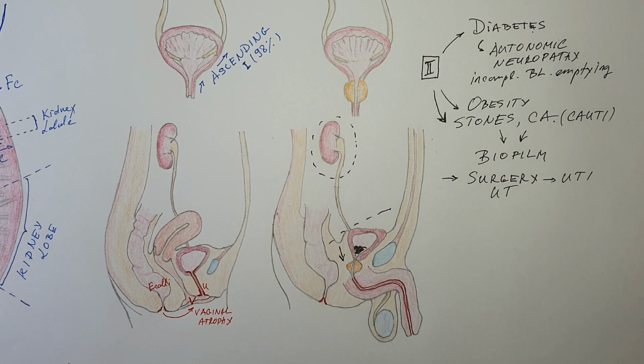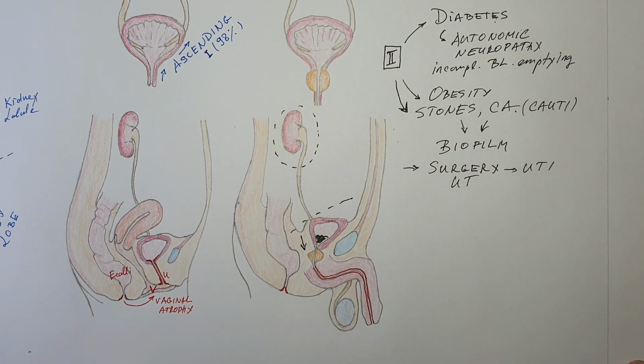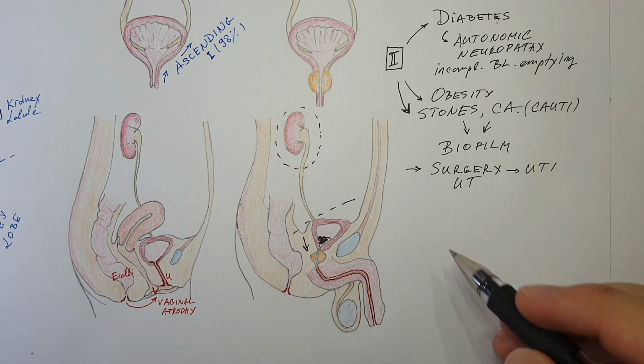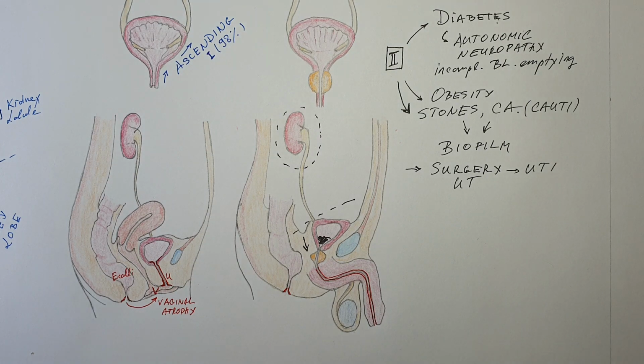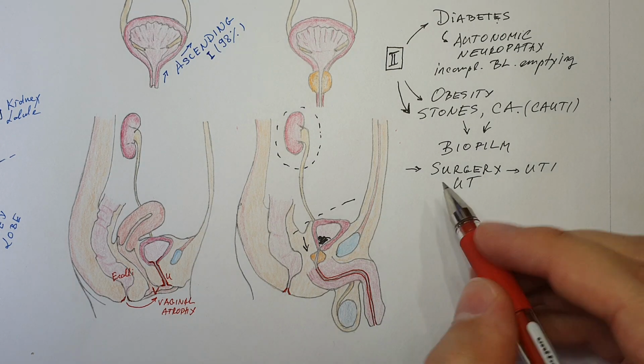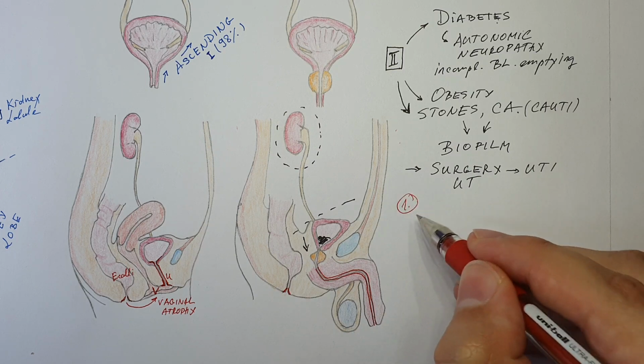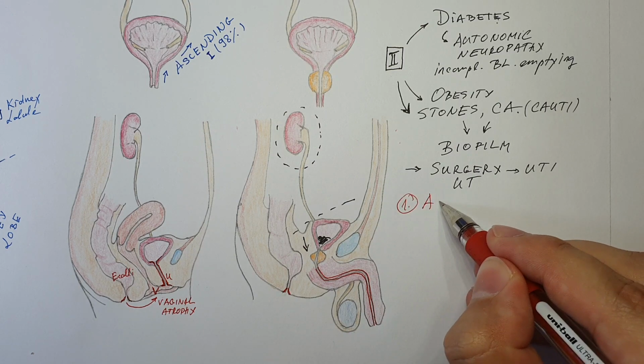If we now analyze briefly the most important elements in the clinical presentation, first of all, we have the term called asymptomatic bacteriuria.